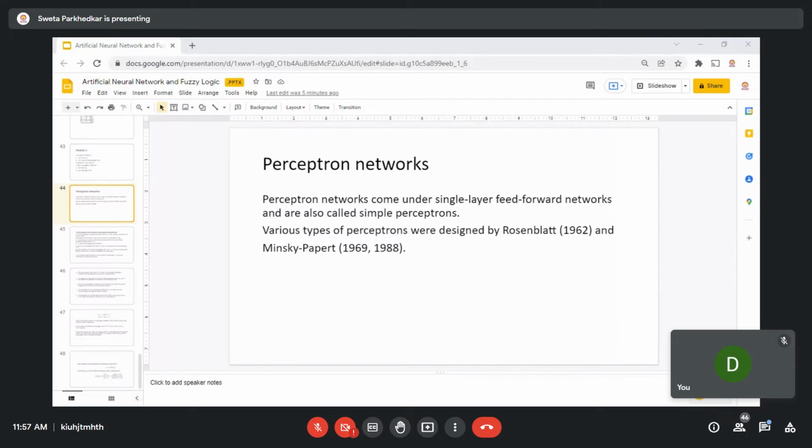Suppose color. I want to detect whether the color of the image is blue, green, red, whatever color it is, that feature I want to extract.